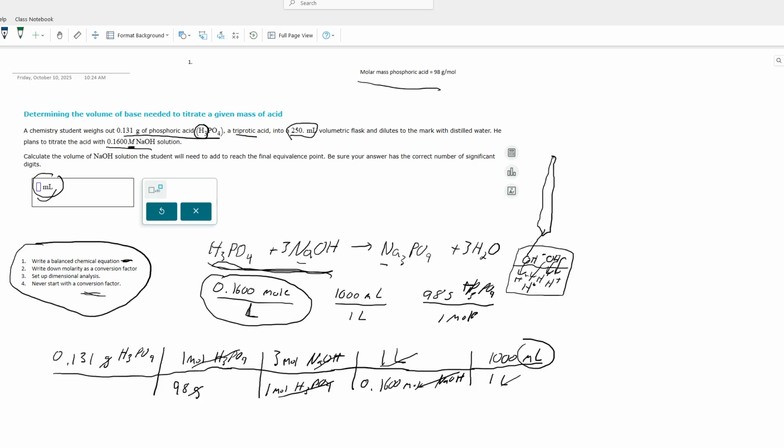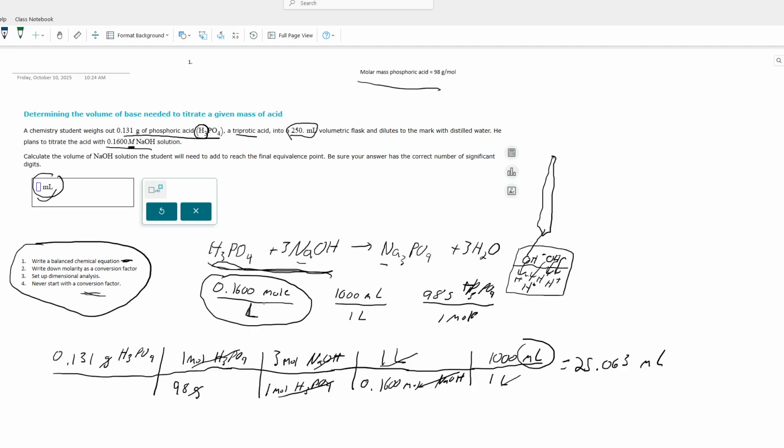So if we actually want to get a number, which I will do, let me get out my calculator. I will take 0.131 divided by 98 times 3 divided by 0.16 times 1,000, and that's going to equal 25.063.